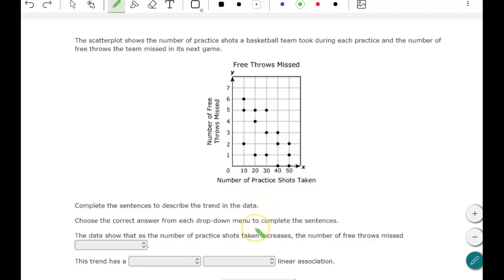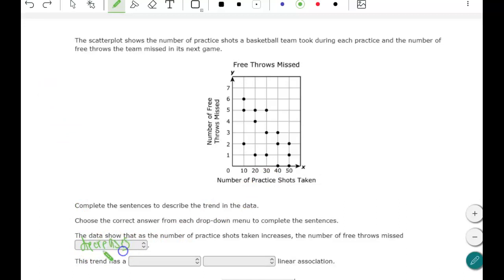Choose the correct answer from each drop-down menu. The data shows as the number of practice shots taken increases, the number of free throws missed. The choices are increases or decreases. As the number of shots increases, it is a downward trend, so these decrease.